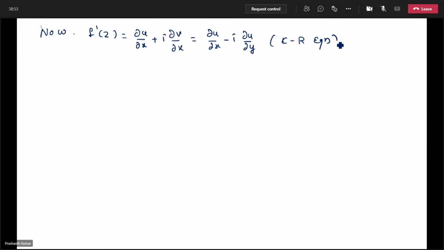So from this, f of z is equal to the integration of phi 1 of z comma 0 minus i into phi 2 of z comma 0. Integration and differentiation cancel here, both sides we are integrating.